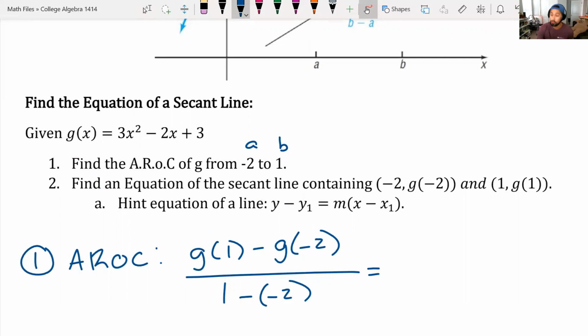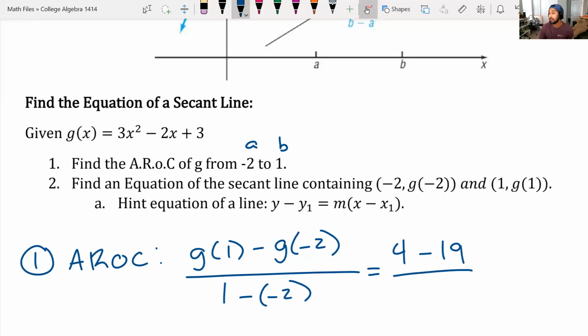I'm going to just use a calculator to make my life easy, and your life easy, right? All right, let's see. 3x squared minus 2x plus 3. If I type in 1, I get 4. Minus, if I type in -2, I get 19.